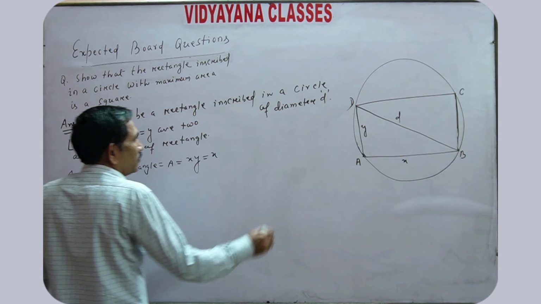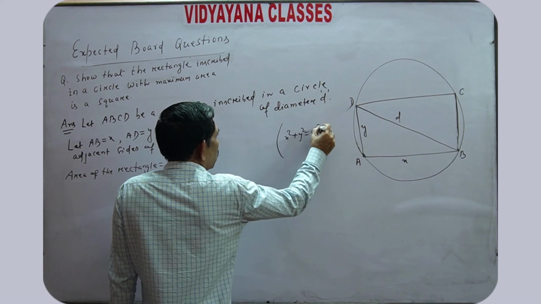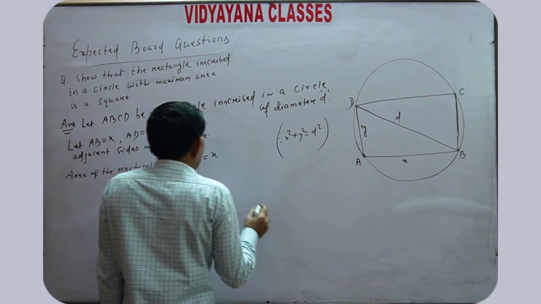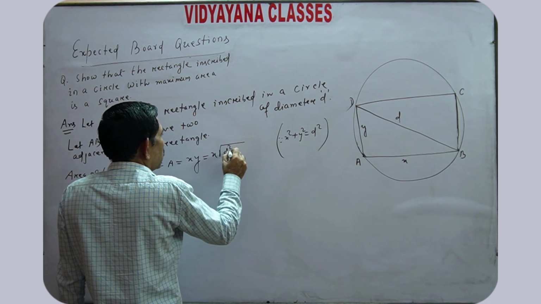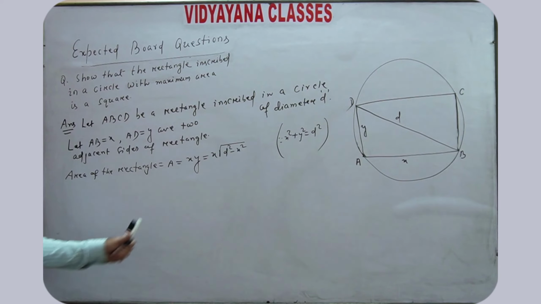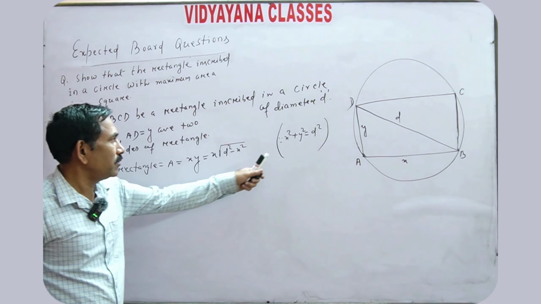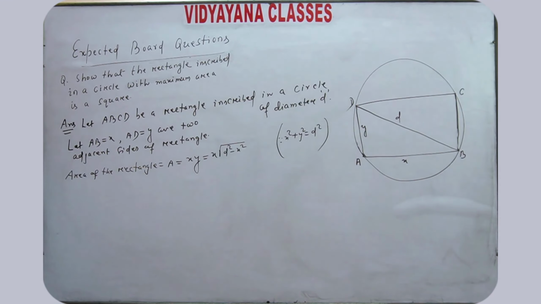What is y? x square plus y square is equal to D square. So y is equal to square root of D square minus x square. Clear? Area of the rectangle is xy, and y is equal to square root of D square minus x square. Clear?